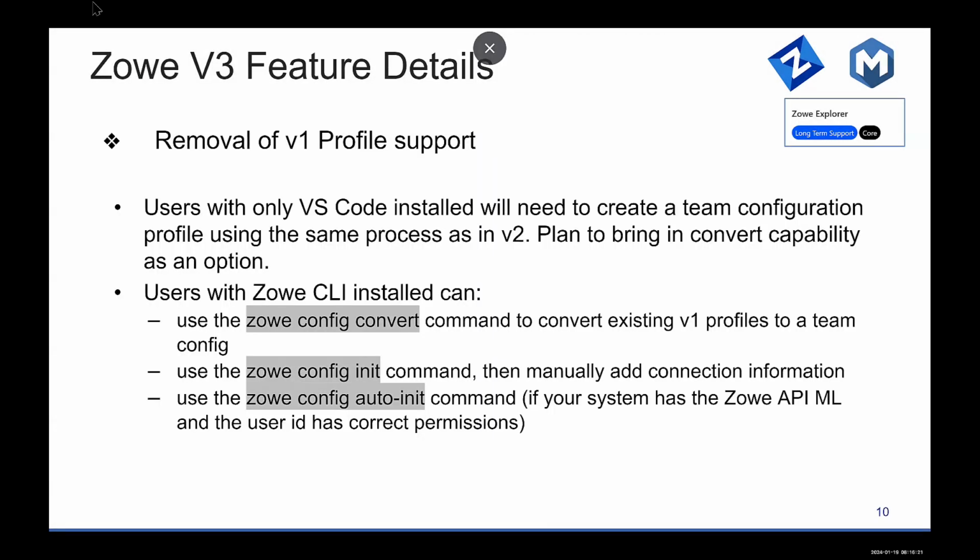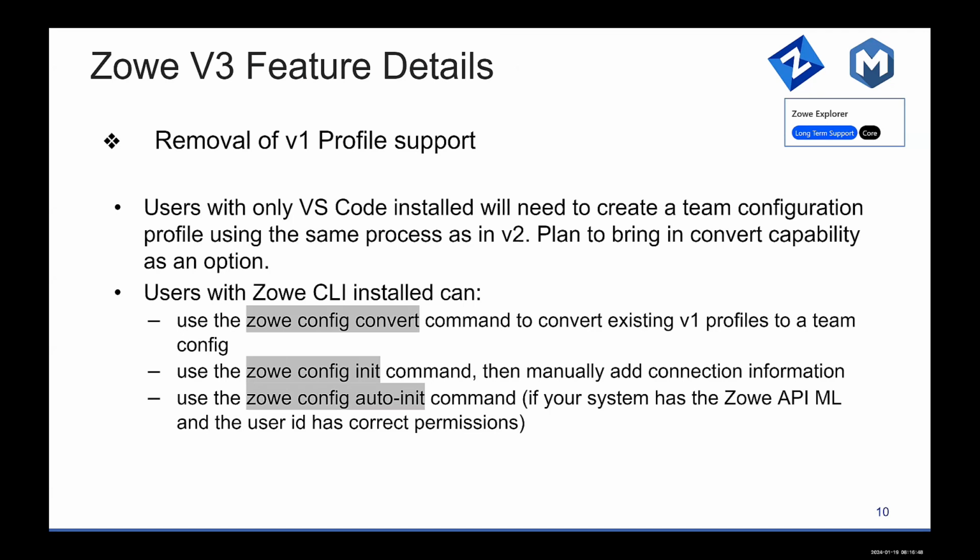Thanks, Adam. We can go ahead and go to the next slide. So to talk in a little bit more detail of features, we just keep running this one home, the removal of v1 profile support. Users with VS Code installed will need to create a team configuration to manage their profiles using the same process we already have available in v2 during profile creation.